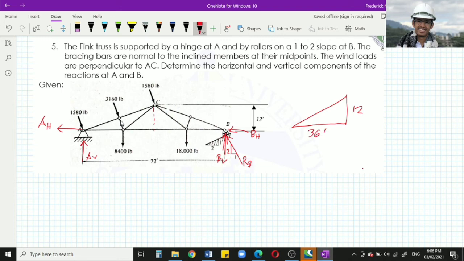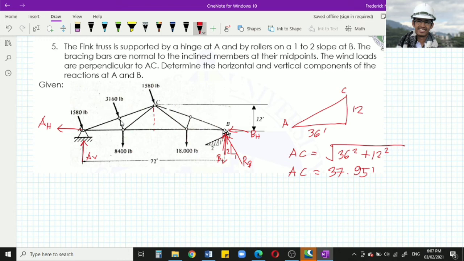Okay? So using Pythagorean theorem, AC now will be equal to the square root of 36 squared plus 12 squared. So AC now will be equal to 37.95 feet. Okay? So itong AC natin is 37.95 feet.